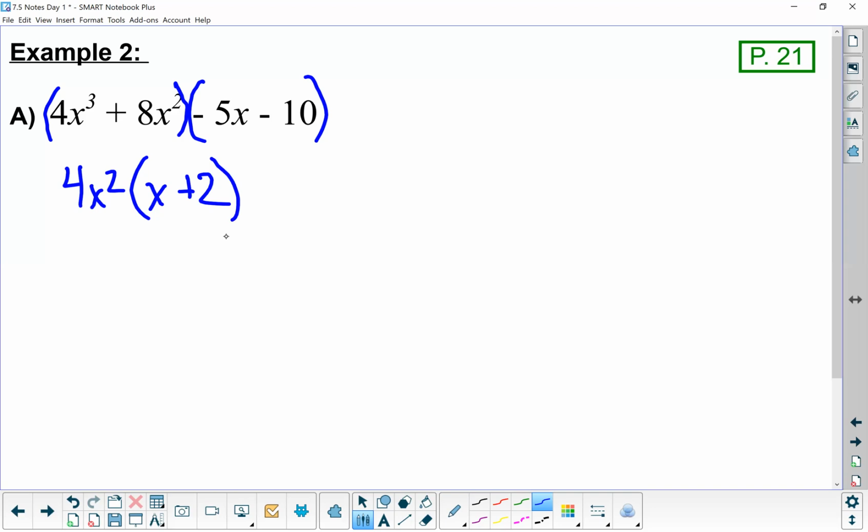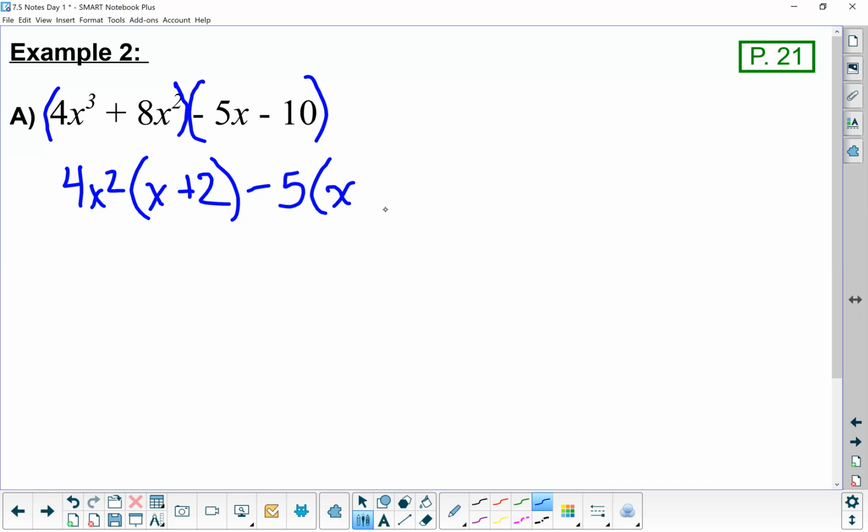In my second group, I have minus 5x minus 10. Whenever we have that negative in front, that's part of our greatest common factor. We're going to factor out a negative. In this case, the 5x and the 10 are both evenly divisible by 5. So I have negative 5x divided by negative 5, leaves me with just 1x.